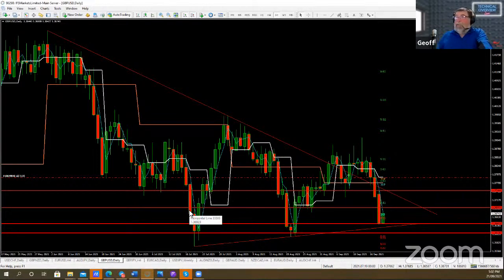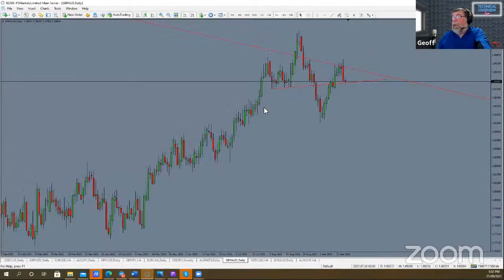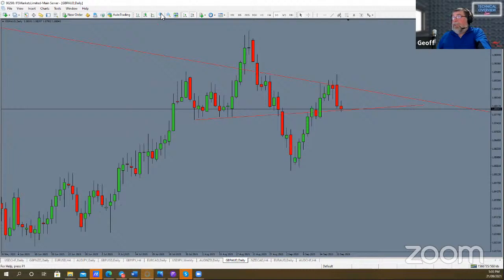Now, we started off with three, what I call game changer bars today. The first of them was pound Aussie. Now, how I determine what a game changer bar is probably something that you need to know, because otherwise you'll have no idea what I'm doing, ever.